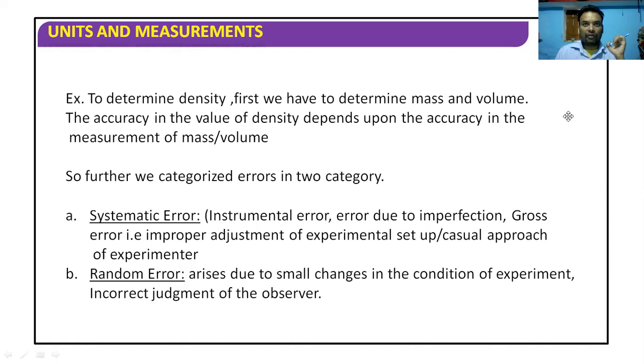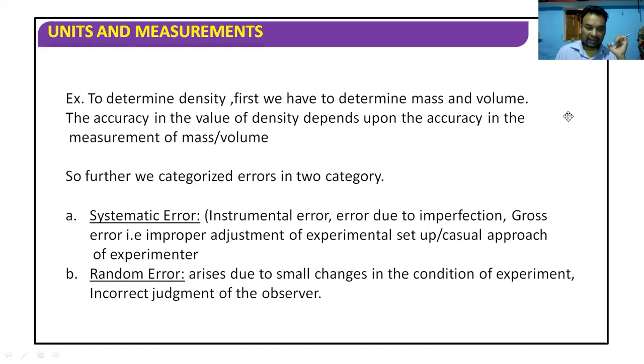So we have to check that the pointer of the ammeter should start from 0 ampere. But if it is in the left side of zero or in the right side of the zero in the beginning of the experiment, it will create the instrumental error. It will give the error in the measurement.